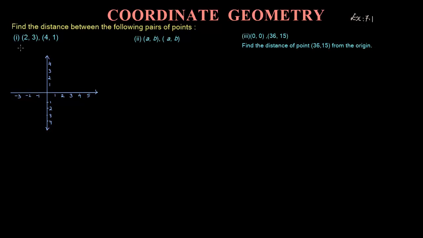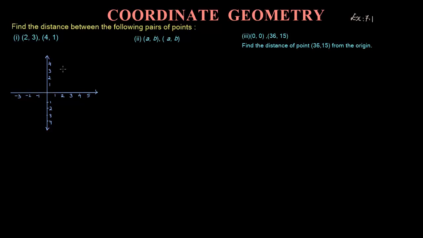Let us first, for one problem, understand how to plot the points, and then we'll find the distance between the two points. So it is (2, 3). What does it mean? The first number is the x coordinate and the second number is the y coordinate. With respect to the x-axis it is 2, so here it is.